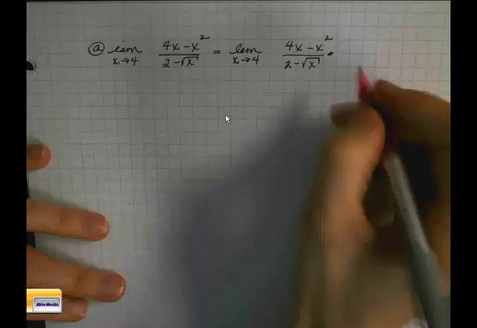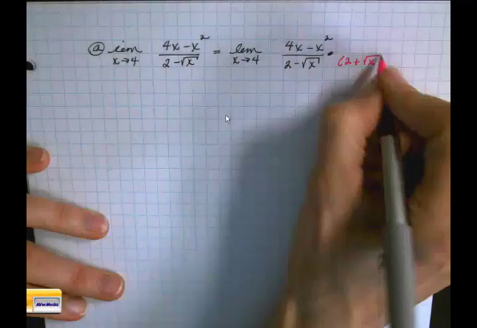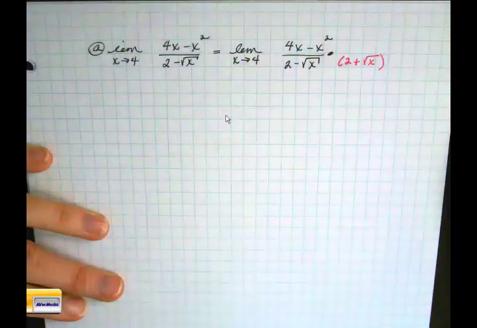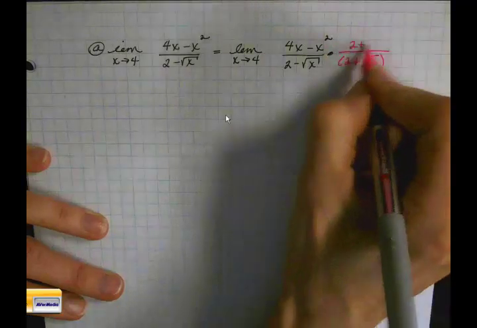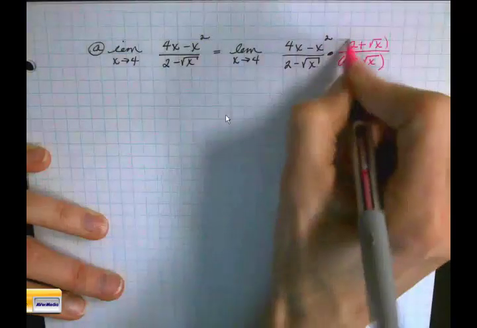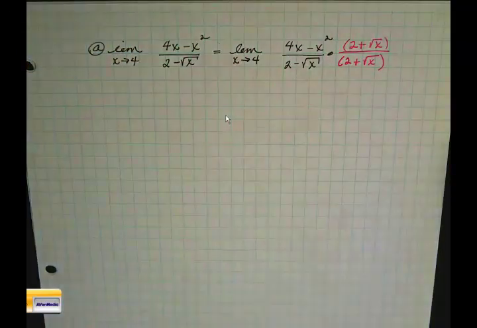The conjugate of that denominator is 2 plus the square root of x. But I have to multiply by something equivalent to 1, so I multiply times 2 plus the square root of x over itself.